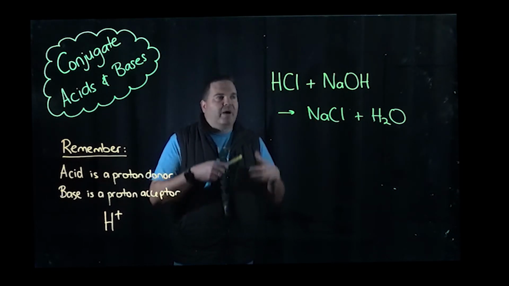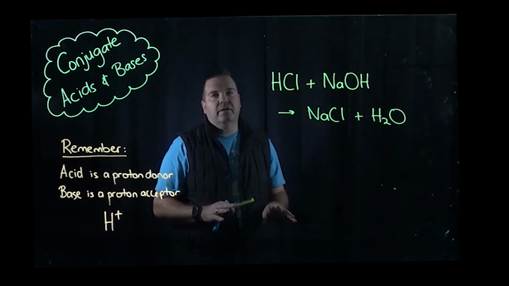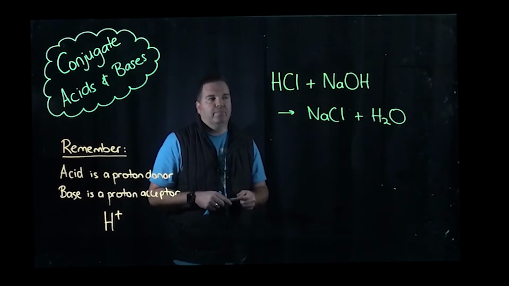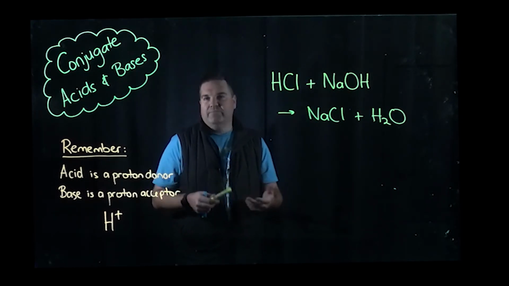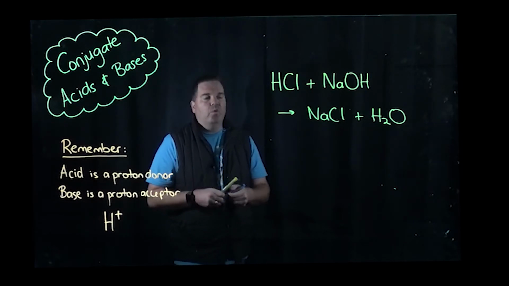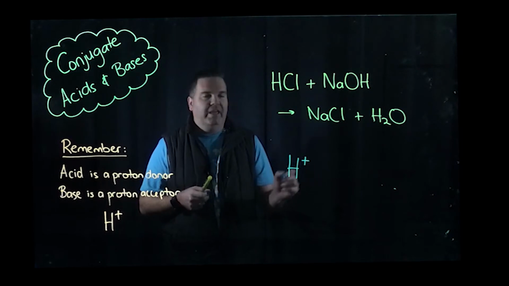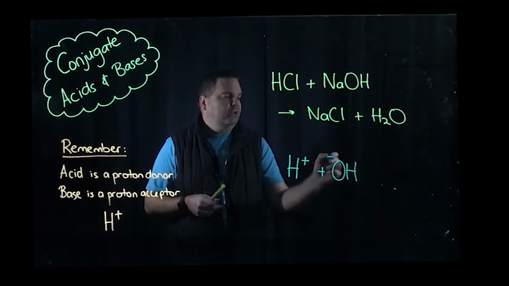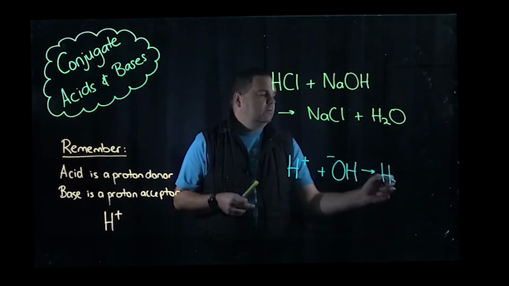But this reaction, we could actually break this down, because every acid-base reaction follows the same thing. It doesn't matter what our acid is and what our base is, we have the same sort of thing that happens. You have a hydrogen here from the acid, and you have the base part, like that, and they react to form water.